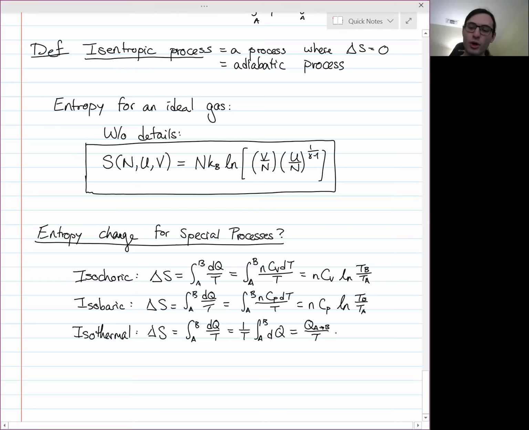Because it's isothermal, there's no change in internal energy, so this is equal to the work done during the process as well. We know a formula for the work done. It's nR times the log of Vb over Va. It would have been nRT, but we divide by the T. So that is the entropy change in an isothermal process.